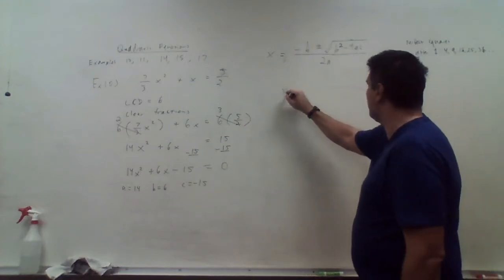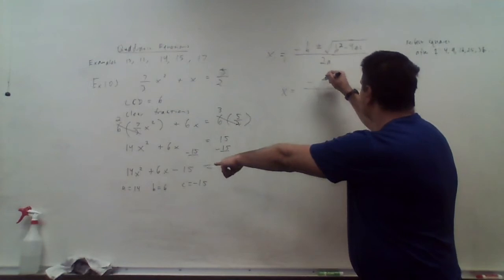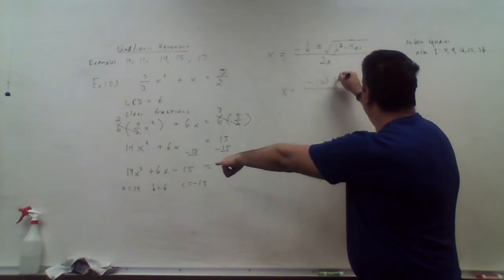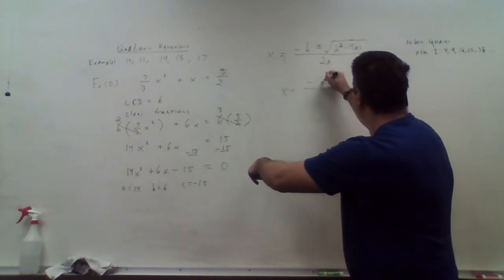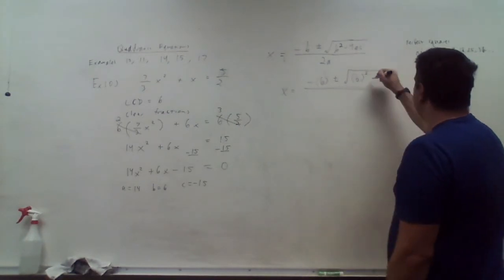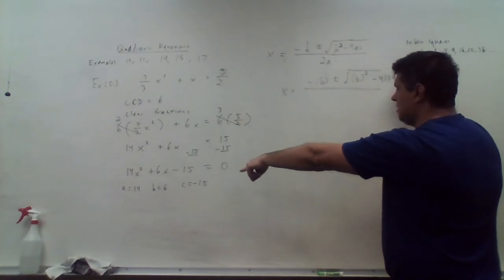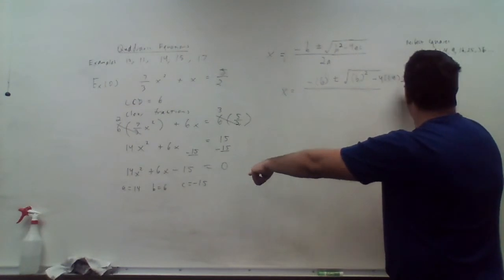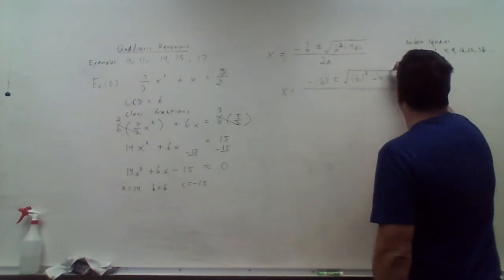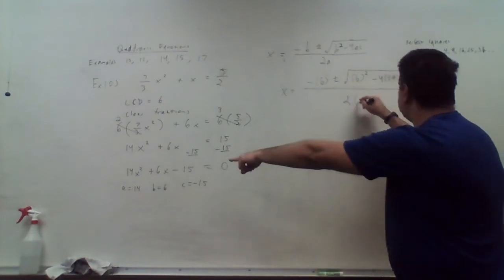So x will equal negative b, which is negative 6, plus or minus the square root of 6 squared minus 4 times the 14 times the negative 15, all over 2 times the 14.